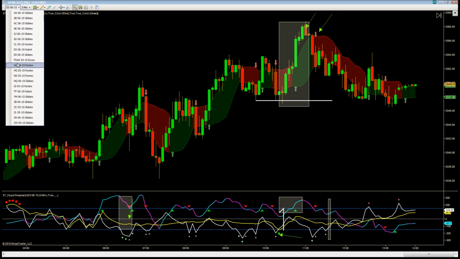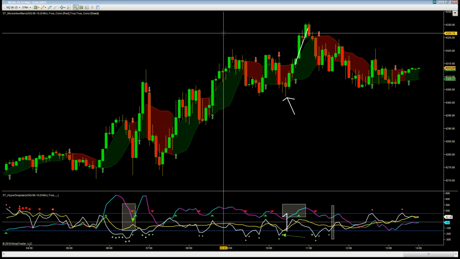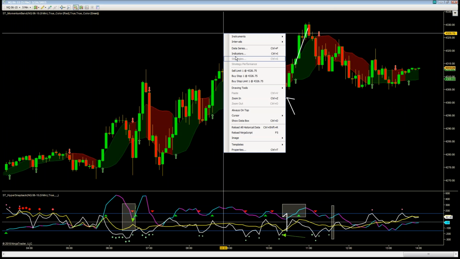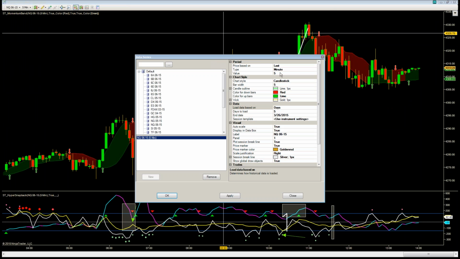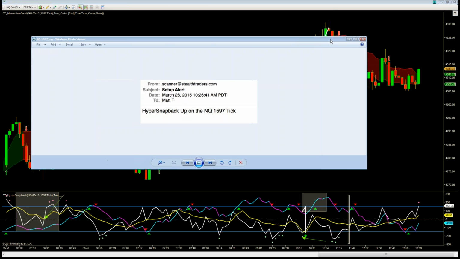So in reality, it's scanning 180 different charts, and it just sends you an email when there's a hyper snapback on any particular chart. So instead of sitting around staring at your screen all day, you get an email, you say, oh, there's a hyper snapback down on the ES 3200 chart.